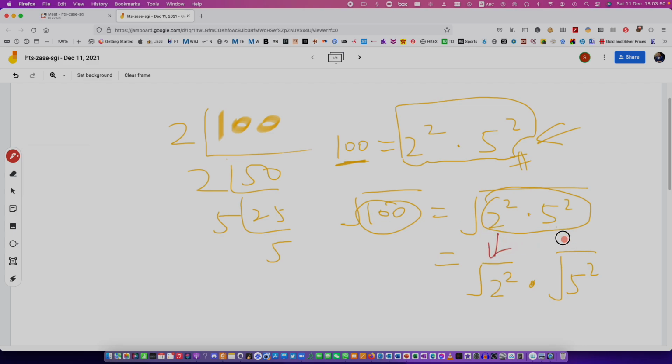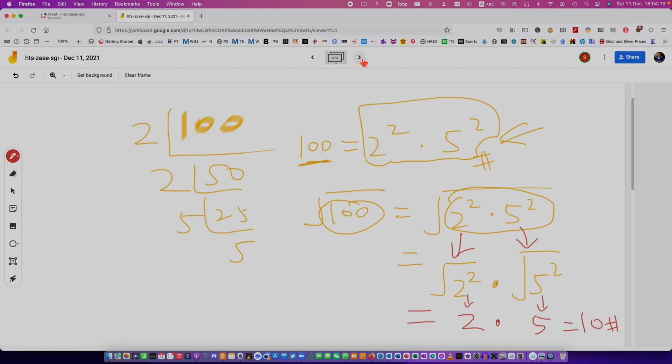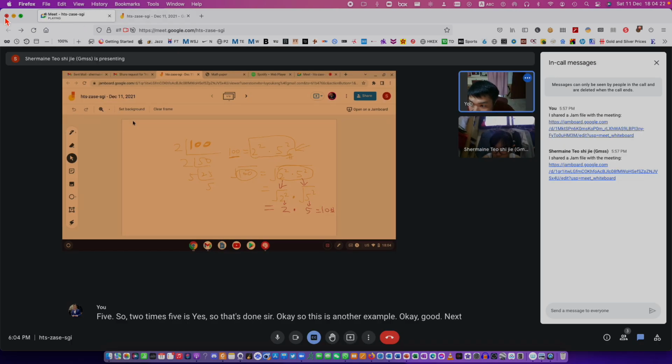Square root 2 to the power of 2, what do you get? Can you tell me the answer? Then what about this? 5. So 2 times 5 is? 10. Yes, that's the answer. This is another example. Okay, good. Next question.